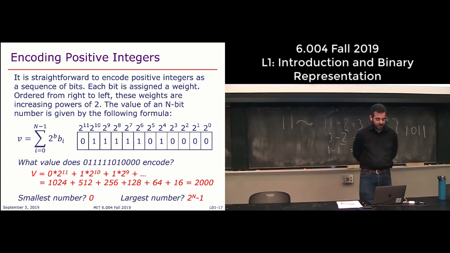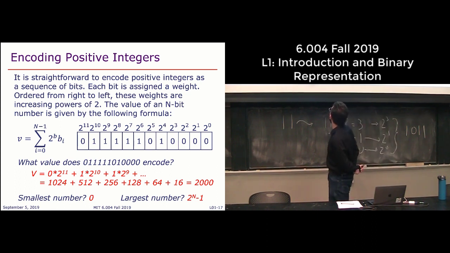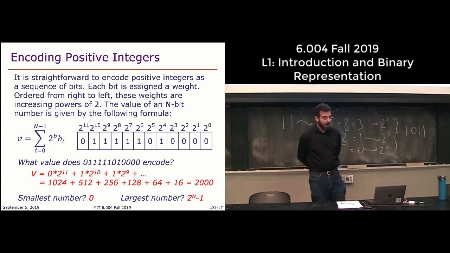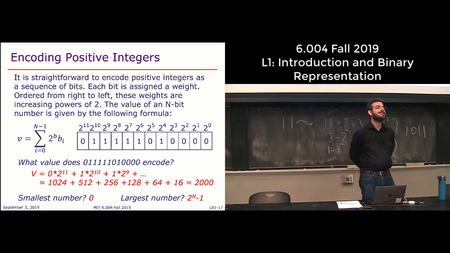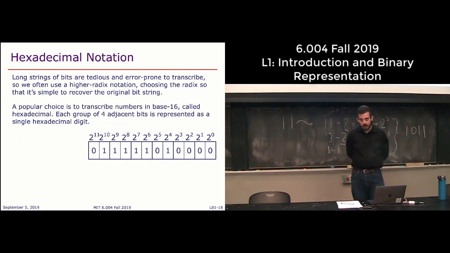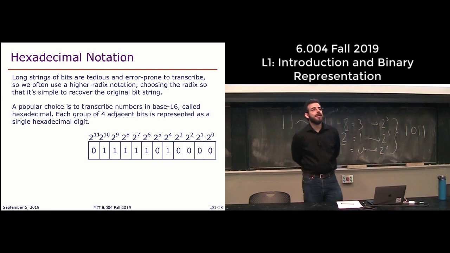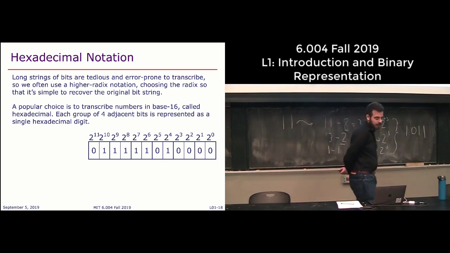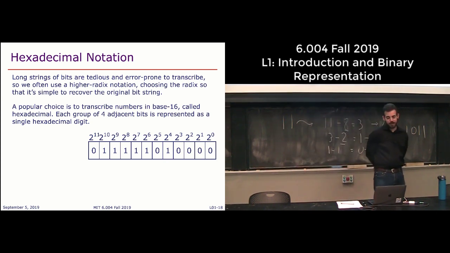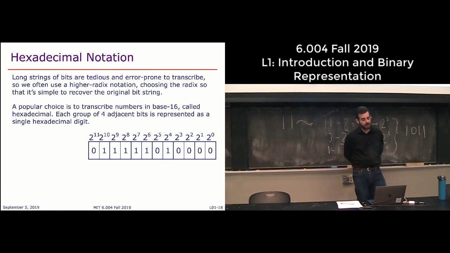We just have one little issue here, which is that I don't want to be writing 0, 1, 1, 1, 1, 1, 0, 1, 0, 0, 0, 0. It's just very tedious. So to be more succinct, we can use a notation that uses a base that's a power of 2. In particular, we typically use hexadecimal notation, or hex for short.